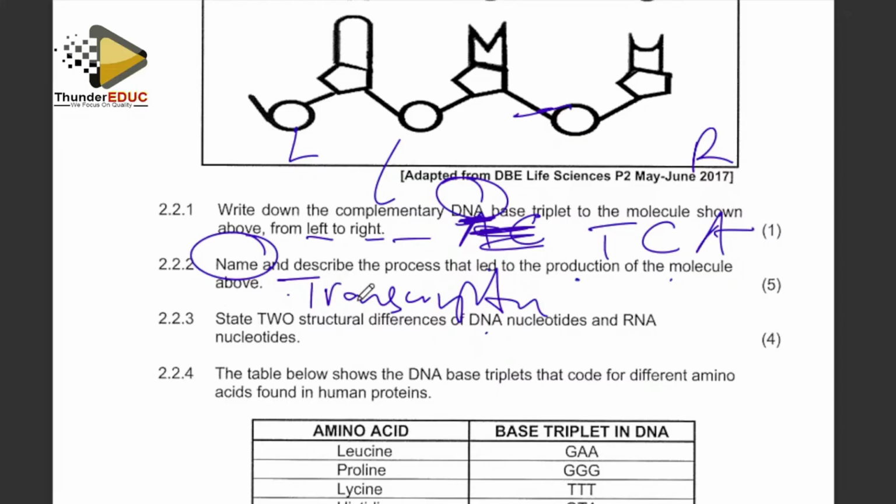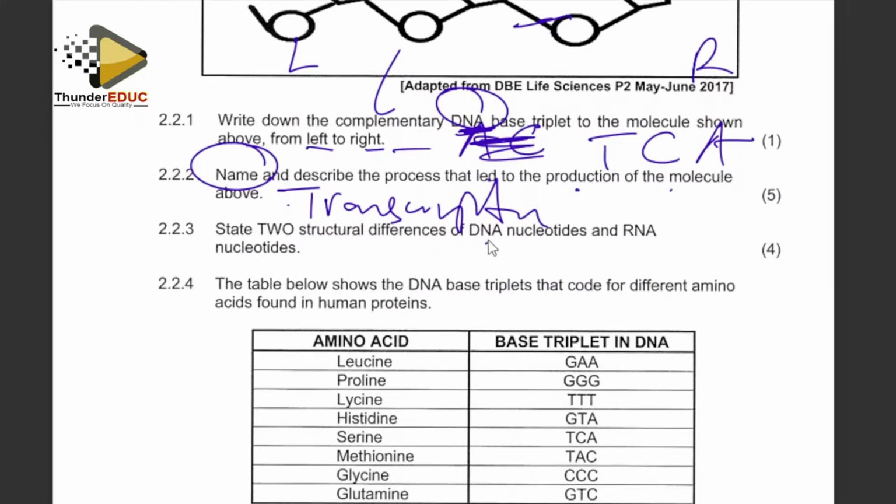All right, we continue. Name two structural differences between DNA and RNA nucleotides. Remember, they are saying state the structure, meaning they don't want you to draw a table, because they didn't say tabulate. But if you tabulate, you will still get it right, because they won't give you a mark for the table, but they will give you marks for the things you say there.